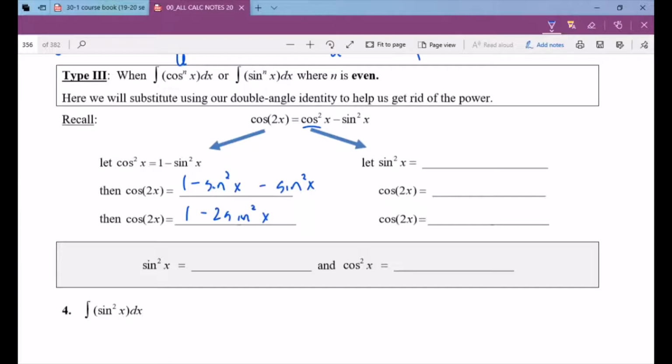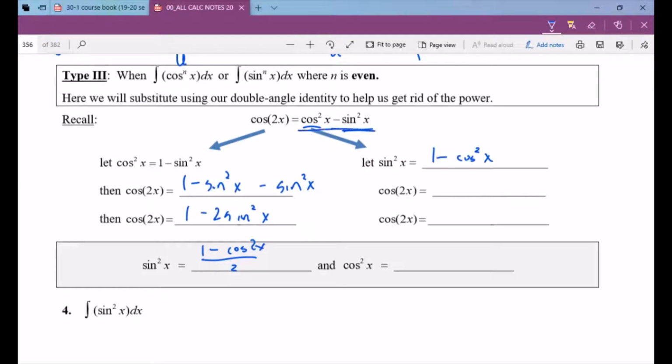And then if I shuffle that around and solve it for sine squared, we end up with a new identity for us, 1 minus cos 2x over 2. We can do a similar thing with cos squared, and we're going to let the sine squared equal 1 minus cos squared x.